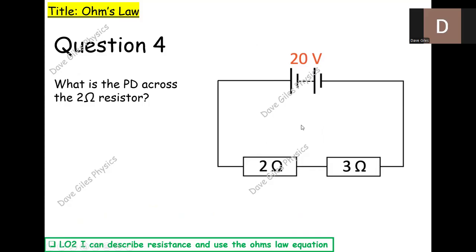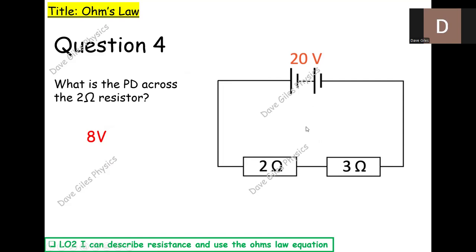Next question. So the last 3 were from paper 2. This is one that I've made up. So what is the potential difference across the 2-ohm resistor? So it's 8 volts. The way I did that was I worked out the current first.